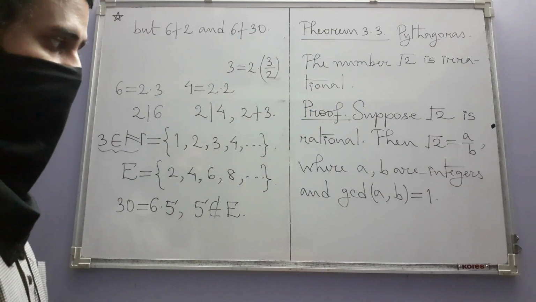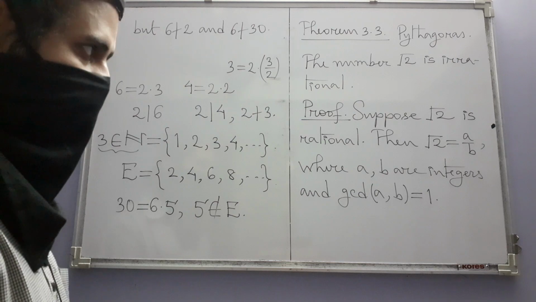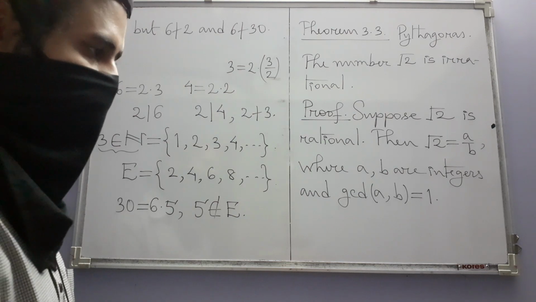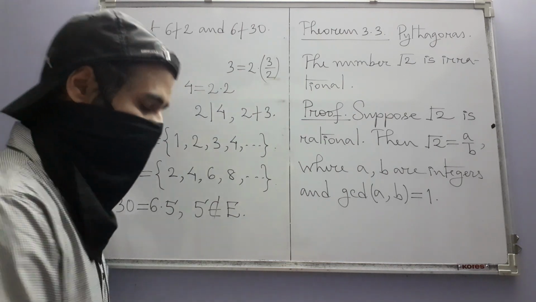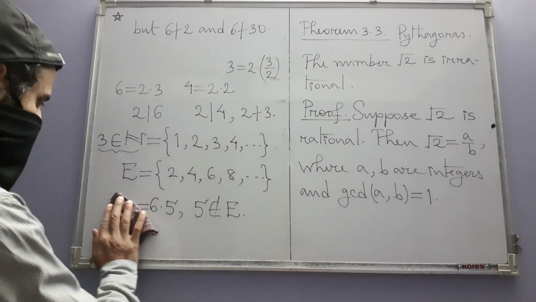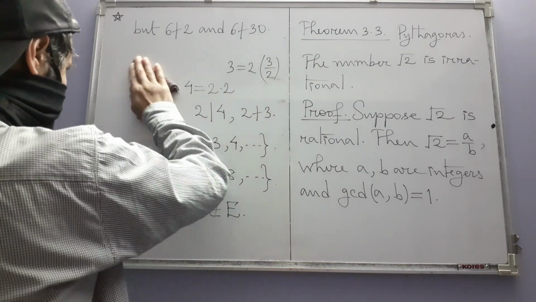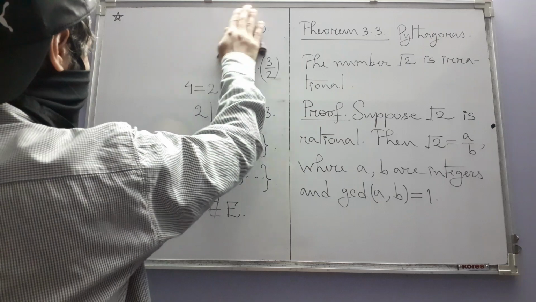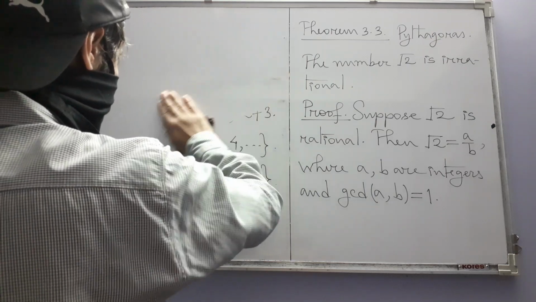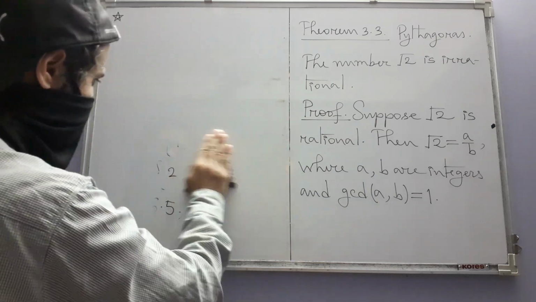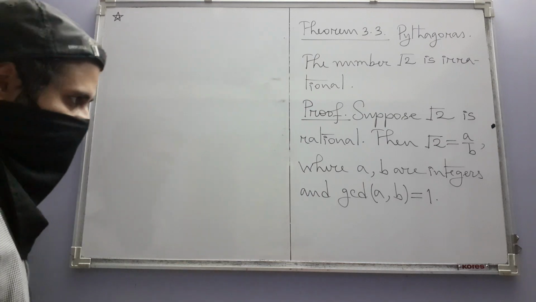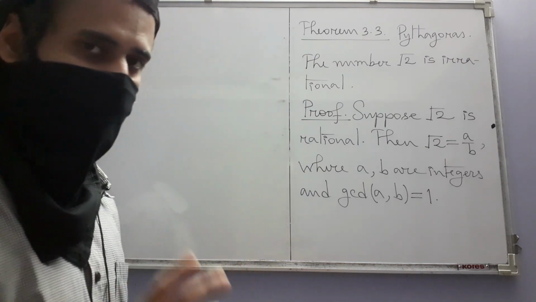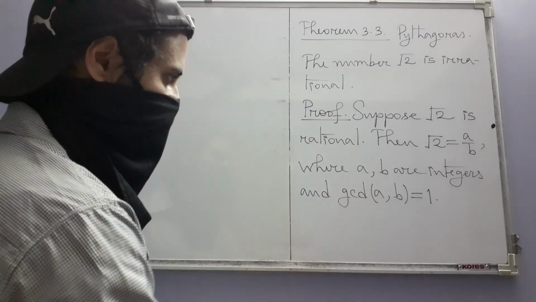Well, this relative primality is not necessary, but we can assume this. Why? What is the reason? You know that a rational number has many different representations, and there is one among those representations which satisfies this property.